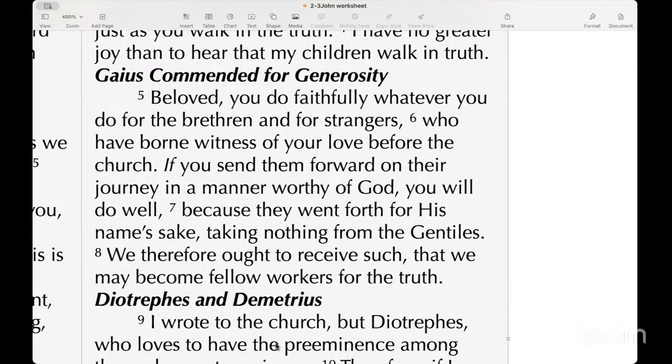So the elder loves, the elder prays, the elder rejoices greatly. Same thing he does with regard to the elect lady and her children. Same rejoicing, same love for them. You see consistency. That is consistency.